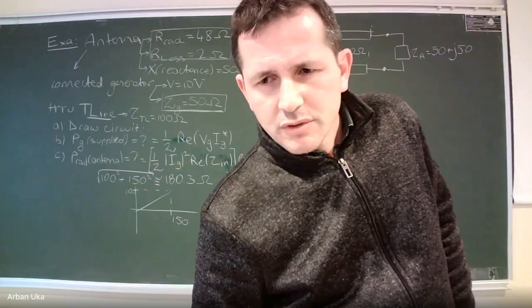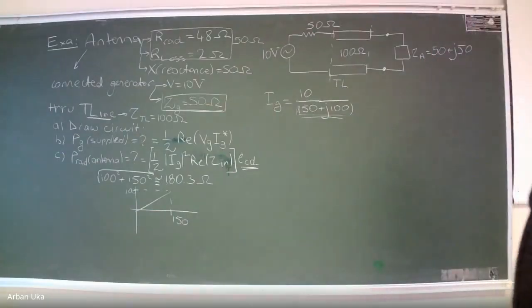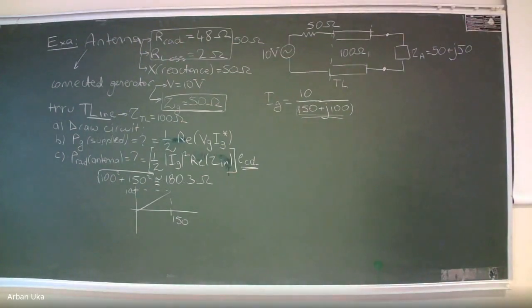Sorry. Yes, Christina wrote something in the chat about the current. Shouldn't it be 200 plus 50J? Was it 200 plus the resistance? No, here in this resistance, let me think for a moment.